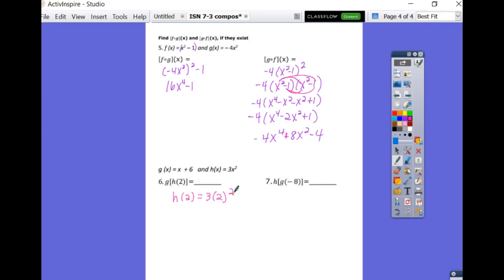So the exponent is 2 squared. 2 squared is 4. 4 times 3 is 12. So h of 2 is 12. Once I get 12, I have to put that back in for my g. So my answer is 18.